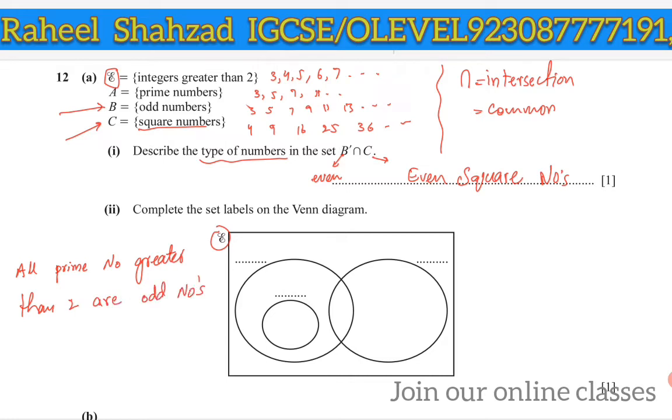Okay, 2 is a prime number, but in this universal set we are not including 2. So all prime numbers greater than 2 are odd numbers. That means we are going to make A a subset of B. Okay, and C is square numbers, and square numbers include some odd numbers, 81 for instance. Okay, and then this is going to be C, square numbers.